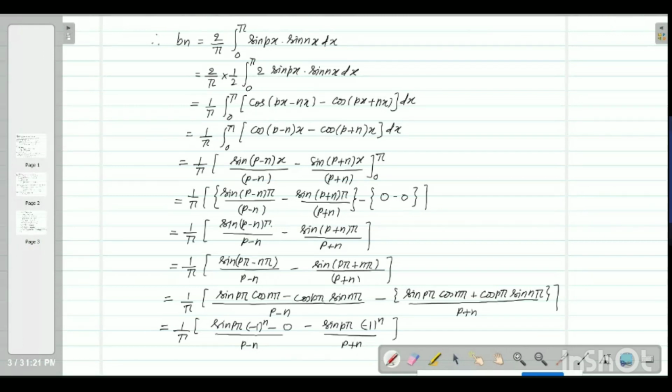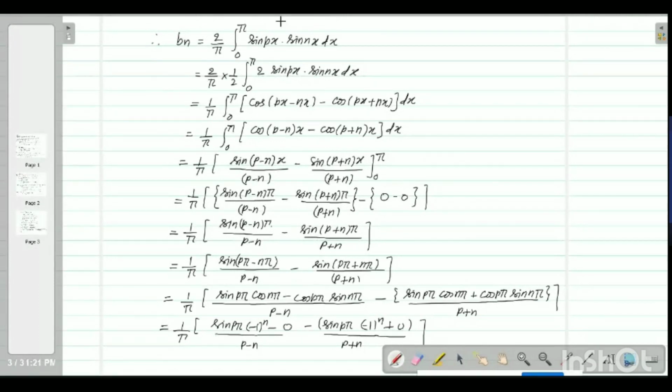Just close the bracket. And what is the common here? I am writing minus sign plus also, plus 0. Just close the bracket. So now let us move to the next page.